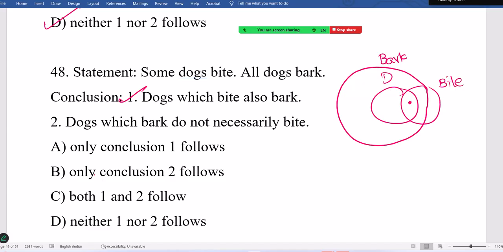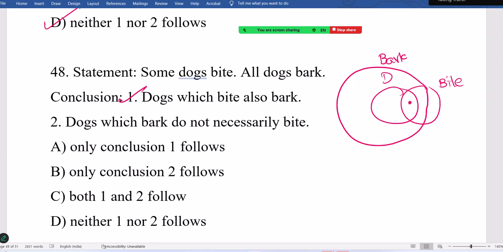Yes, some are biting, some are not biting. You need to just think about this statement. First one for sure correct. Some dogs will bite, all dogs are barking, so those which bite also bark. That's clear. But now dogs which are barking do not necessarily bite.